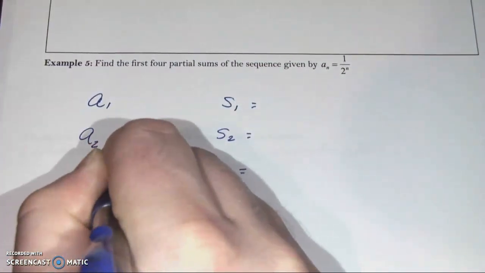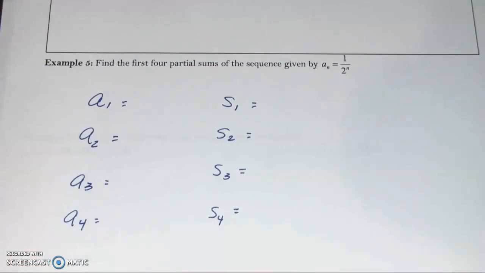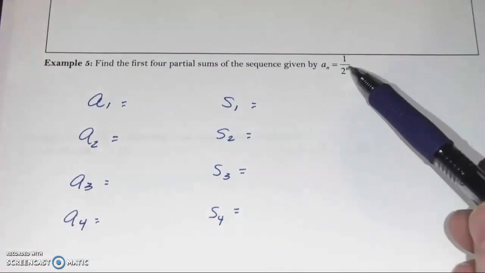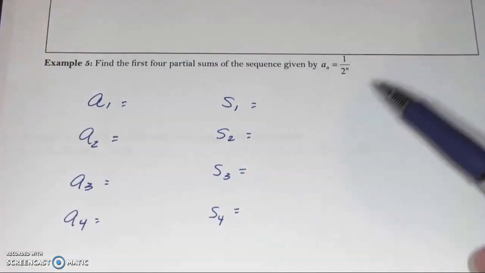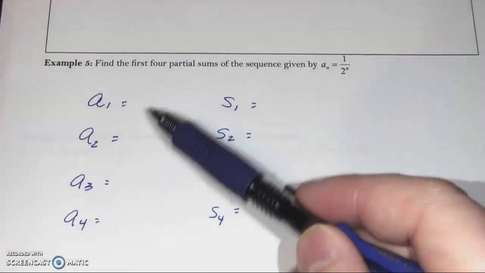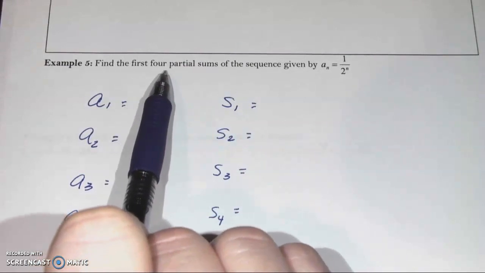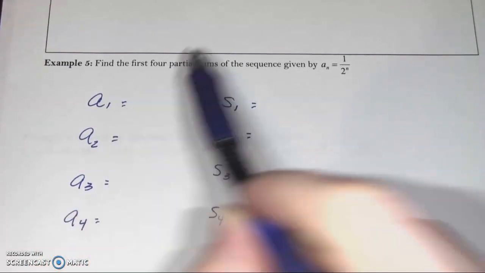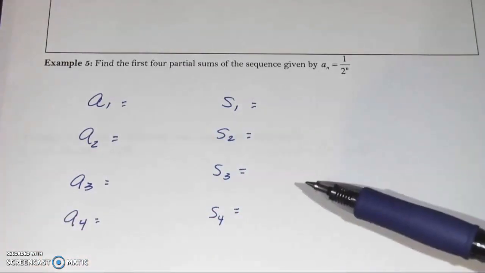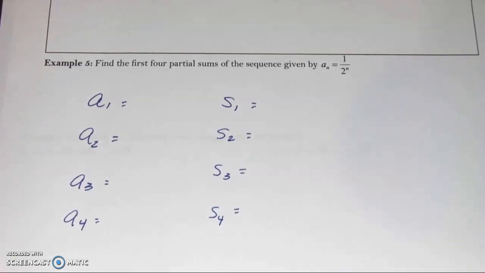Eventually, depending on what type of sequence it is, we might be able to go straight to that 4th partial sum without finding all of these. So right here, I wouldn't ask you to find the 12th partial sum because I don't want you to find the first 12 terms. That takes a long time. How about 4, we can do?